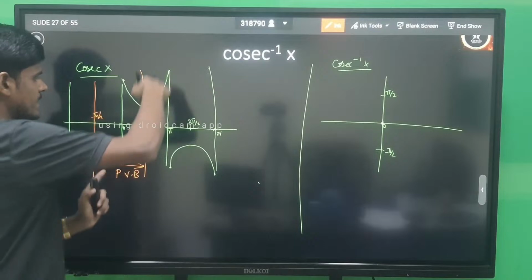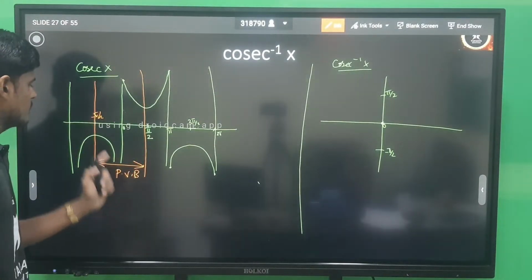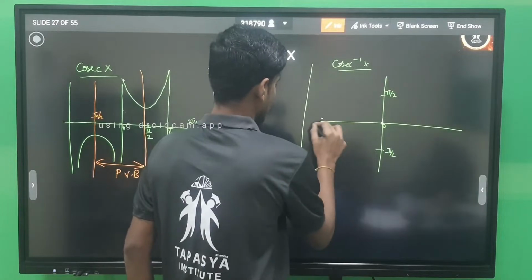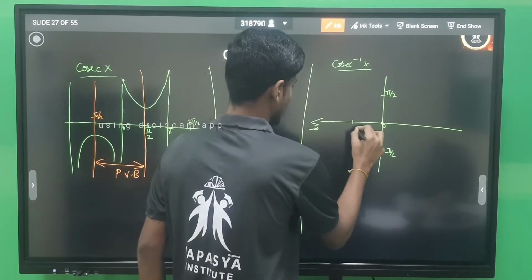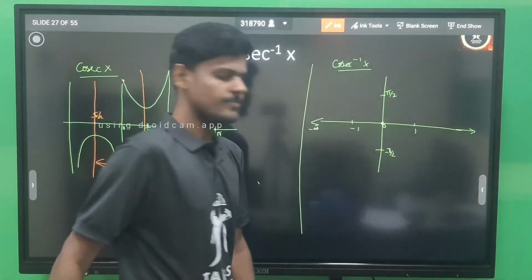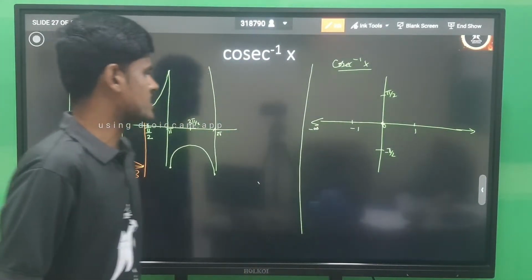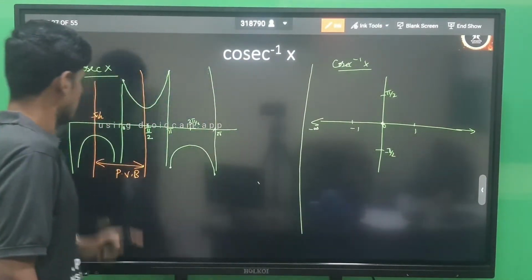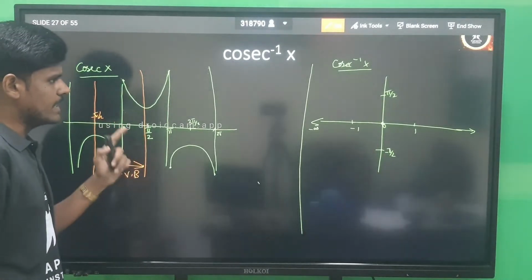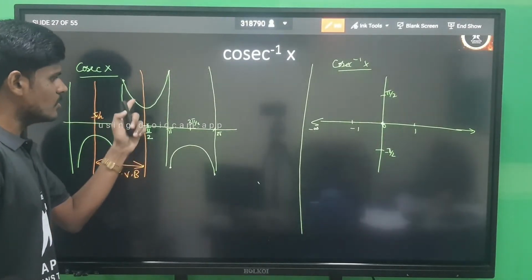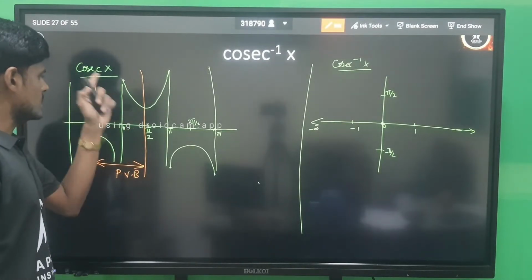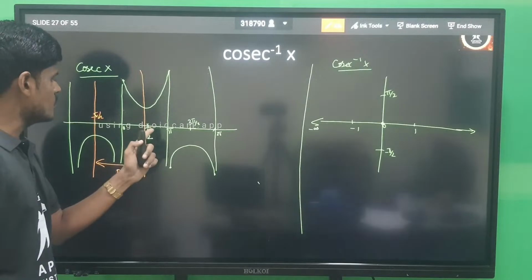And now what is the range of this function? Minus infinity to minus 1 and from 1 to infinity. Now how will the graph of this function look? We can take first 90 degrees. Sin 90 is 1, cosecant 90 is 1.